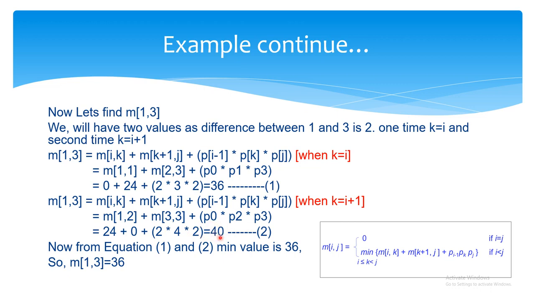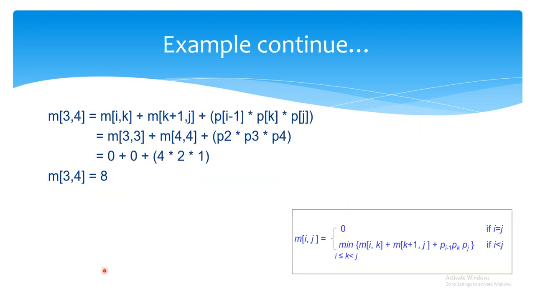Calculating this equation I get 40. So now I have two different values, 36 and 40. Which value is minimum? 36 is minimum.